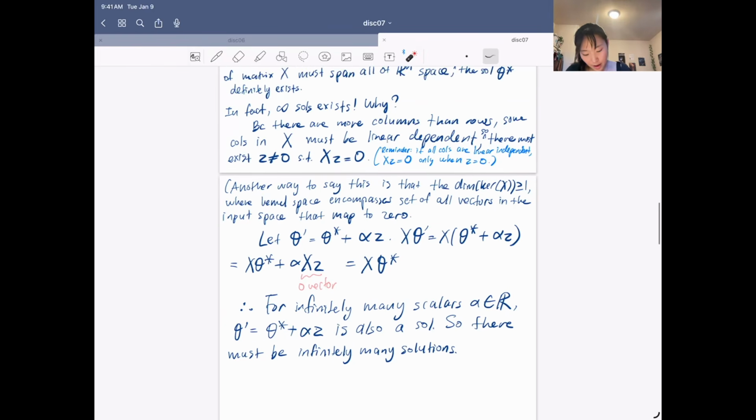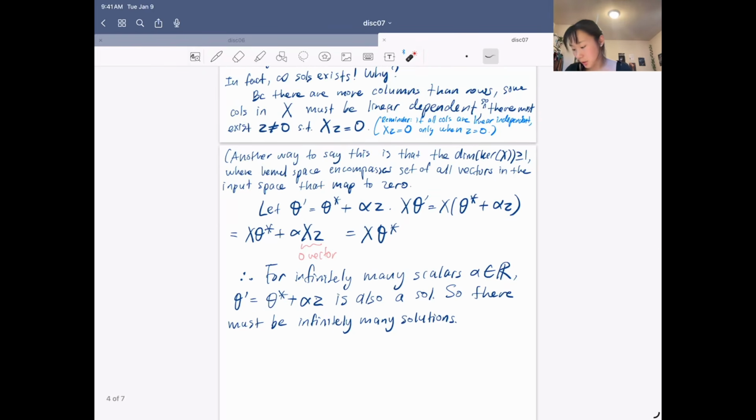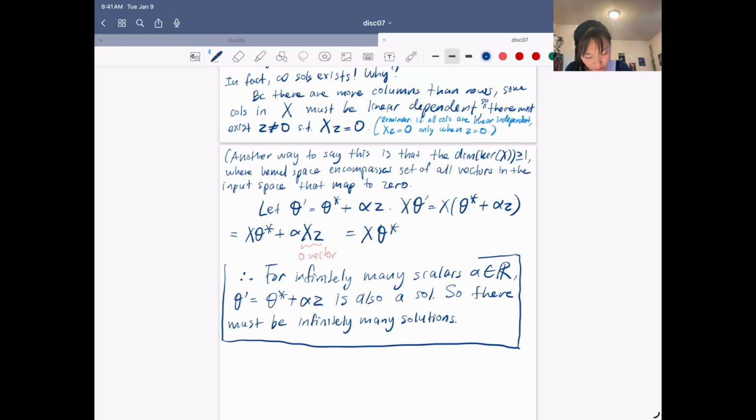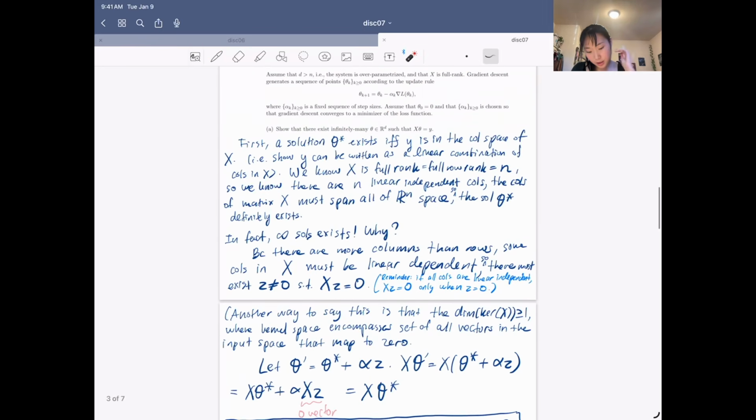Great. And if a lot of this linear algebra went over your head, it's totally chill. The main purpose of this question was to tell you that for an over-parameterized model, our feature matrix has a lot more features, which means a lot more parameters to tune, than it has data points.